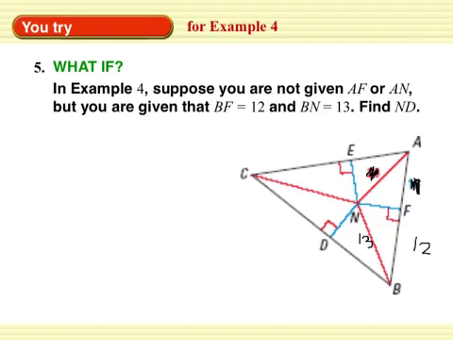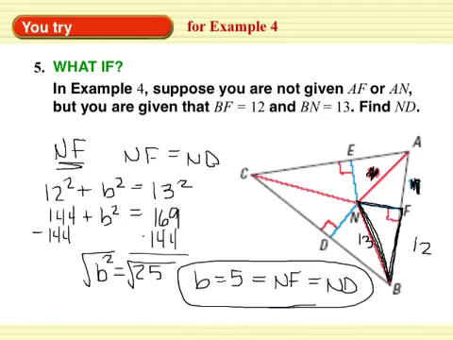Okay, same type of problem. This is the triangle that I know the most about. I've got two sides of it, and it's a right triangle, so I can use the Pythagorean theorem to find NF. And once we find NF, we know that NF is equal to ND. And we're done. Okay, so go ahead and try that one on your own.